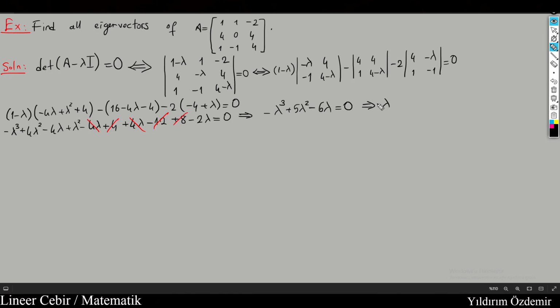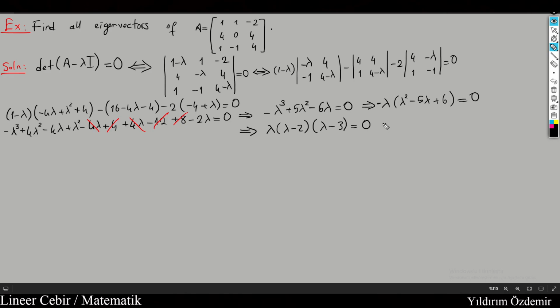If we take minus lambda as the common factor, we have lambda squared minus 5 lambda plus 6 equal to 0, and this implies that lambda times lambda minus 2 times lambda minus 3 is equal to 0.